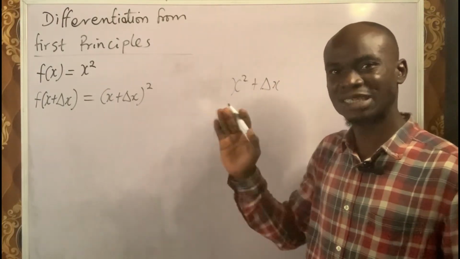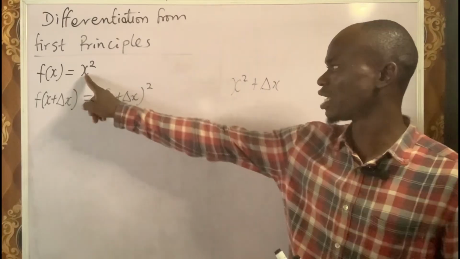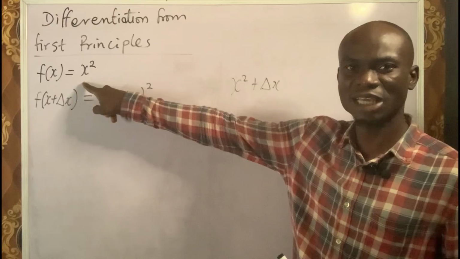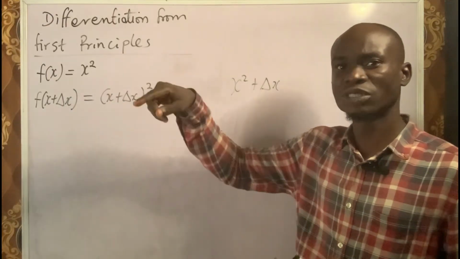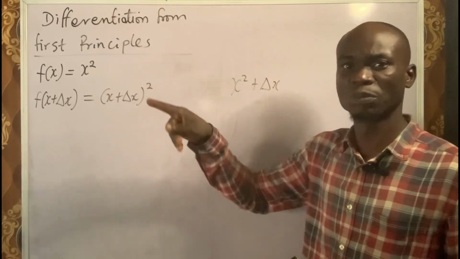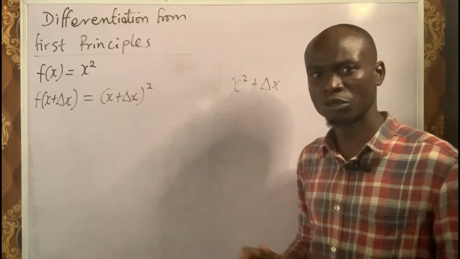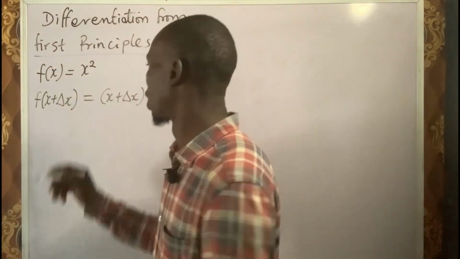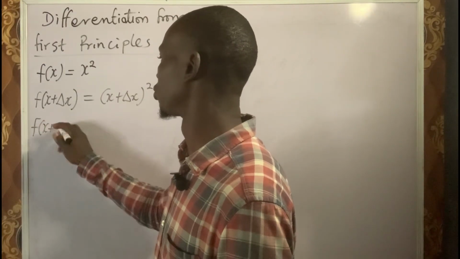Rather, you are replacing x by x plus change in x. Do you understand? This x is squared. So if I replace x with x plus change in x, it means x plus change in x will be squared. In the previous example where we have 2x, 2 is multiplying x. So if I'm changing x, 2 will multiply everything it becomes. Do you understand?